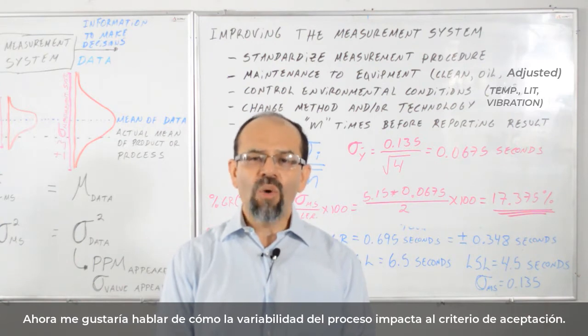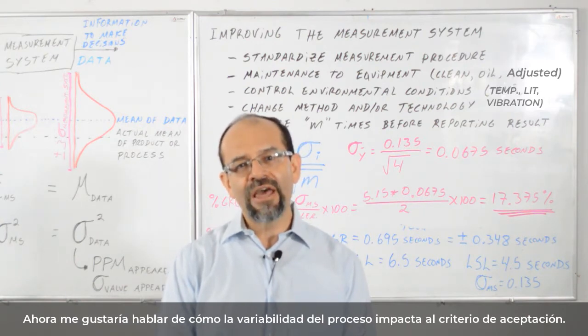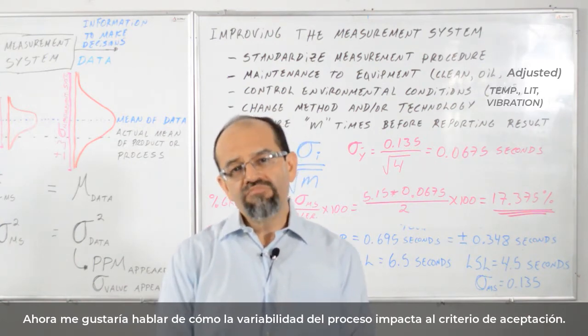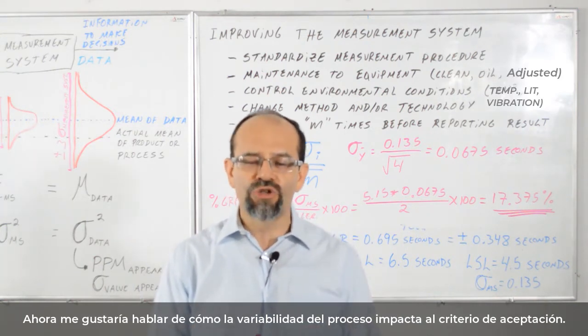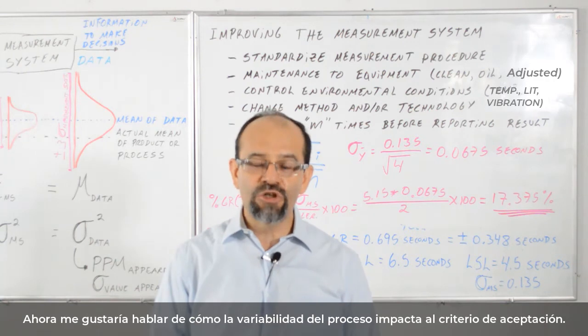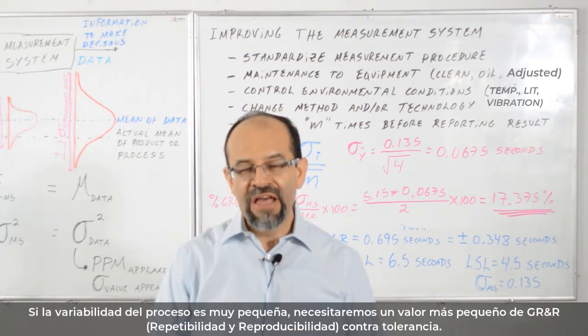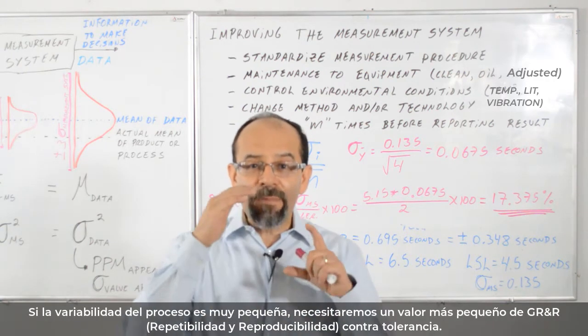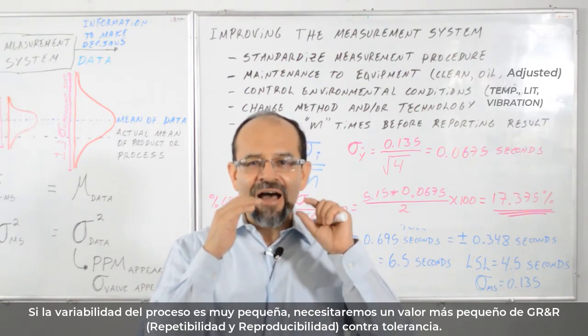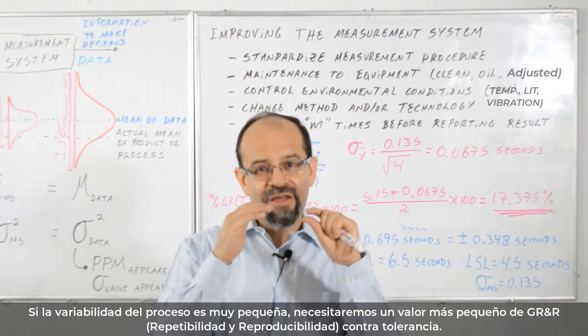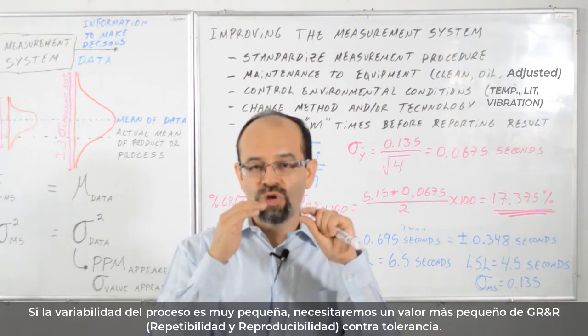So now I would like to talk about how the variability of the process impacts the acceptance criteria. If the variability of my process is very small, I will need a smaller GR&R against tolerance.